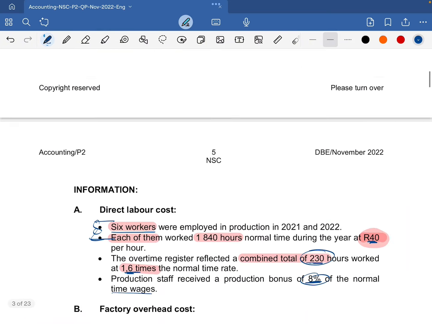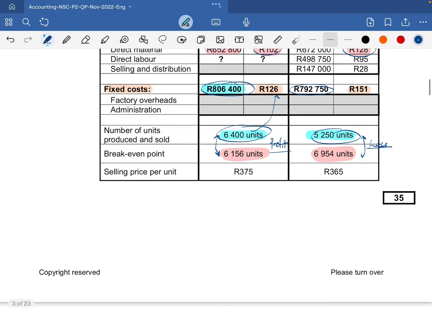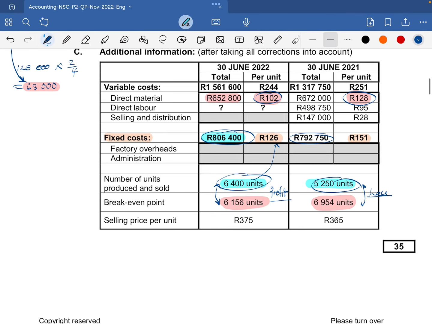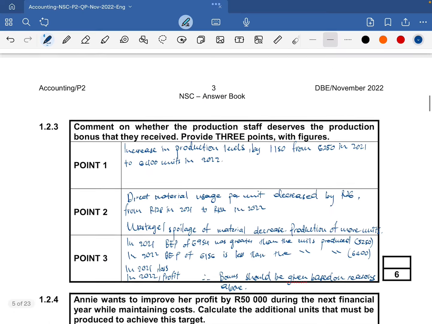Okay, so in our calculation we're going to use the same calculation as a break-even point, but now we need to determine our selling price per unit, which is given as 375, and then our variable cost per unit, which is 244. This should be an easy calculation for us.